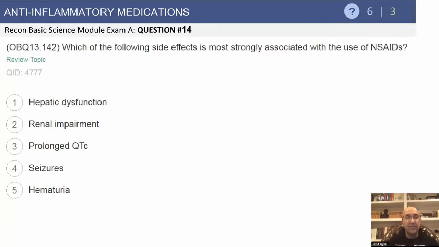But they can also result in renal dysfunction, in particular renal impairment. They can also result in hypertension. And if the glomerulonephritis is really severe, it can result in hematuria. So even though here it looks like two of the answers may be correct, renal impairment and hematuria, it is asking about the most strongly associated side effect, and that is certainly renal impairment.